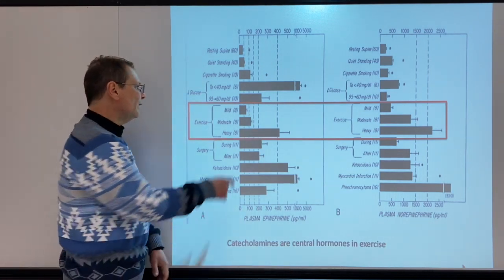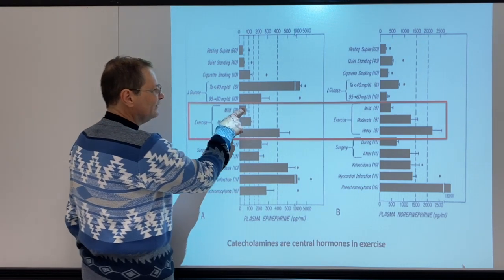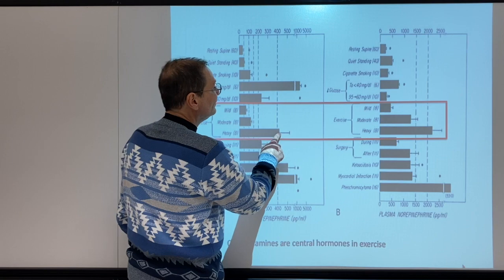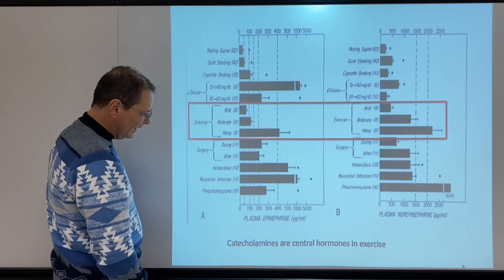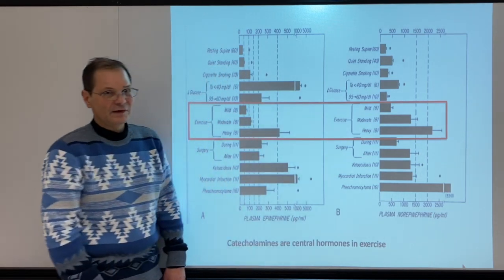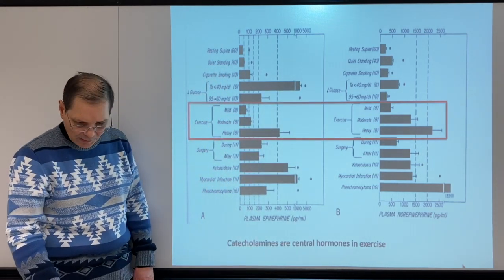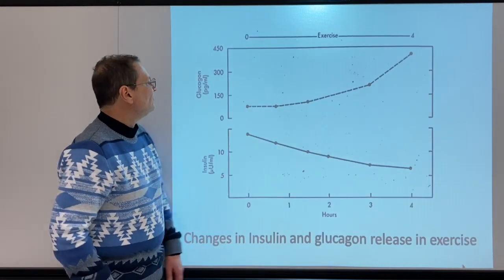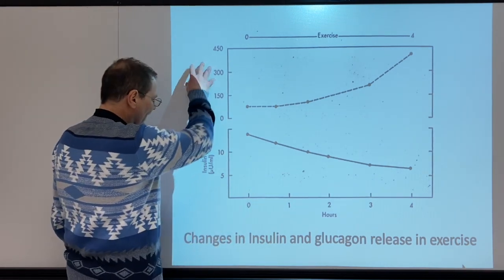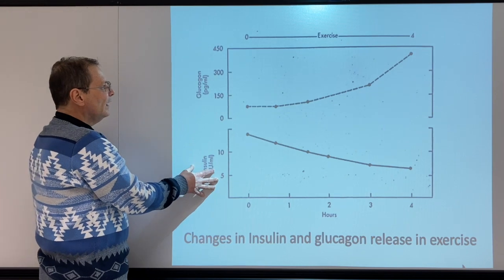Okay, so with mild exercise, you get a little bit of an increase in catecholamines. With moderate, you get a bigger increase. With heavier exercise, you get an even bigger increase in epinephrine, and here we have norepinephrine on this side. So the increase in catecholamines has effects on glucagon and insulin.